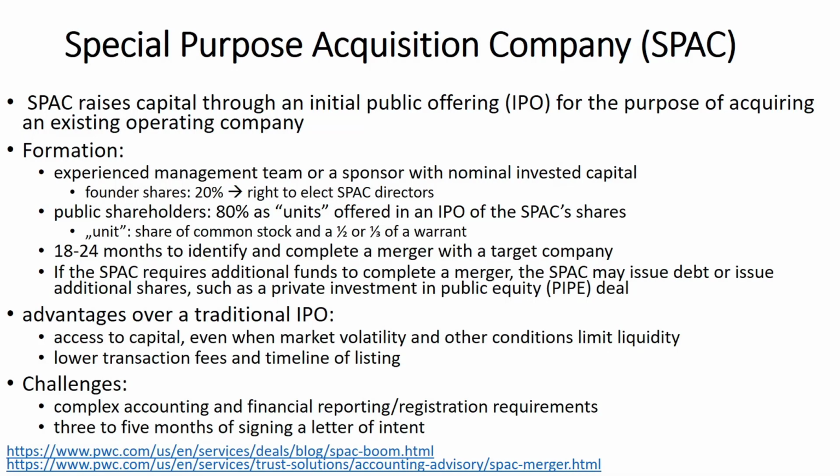So on the PVC website, if you are checking these links, you can see that it provides access to capital more easily, even if the market is volatile or liquidity can be limited, because the money required for this acquisition is already there inside the company.